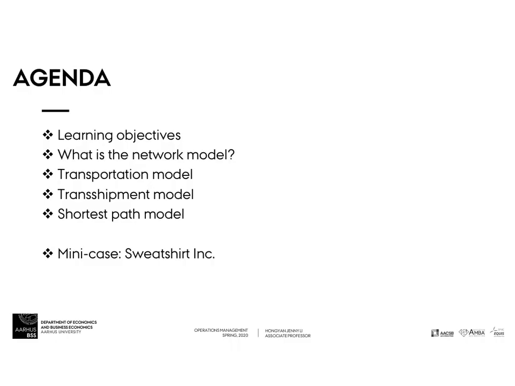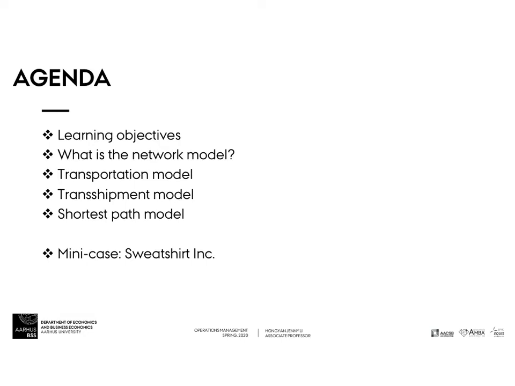So in this session, we start from the learning objectives. Then let's see what is the network model. Then we introduce three types of problems: transportation problems, transshipment problem, and shortest path problem, and corresponding linear programming models for these types of problems.